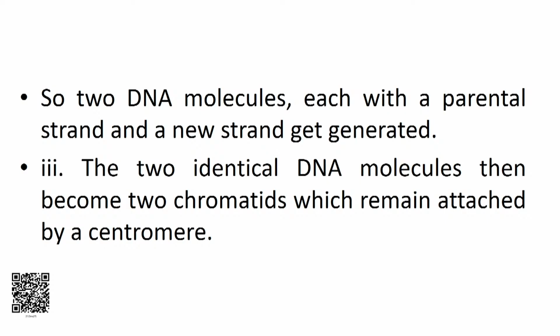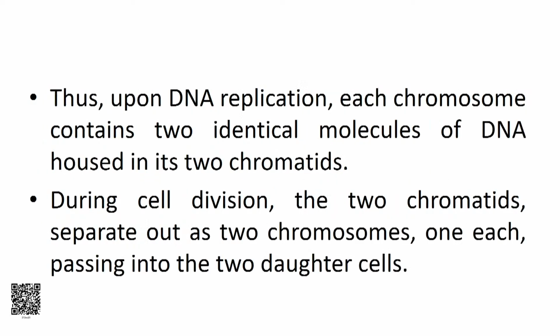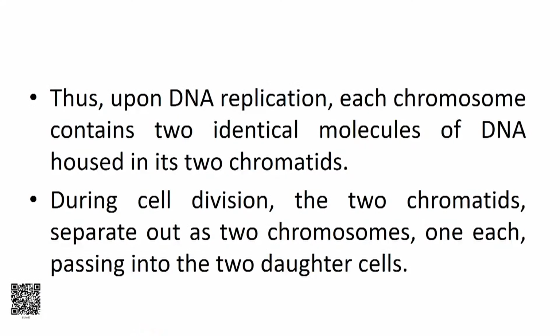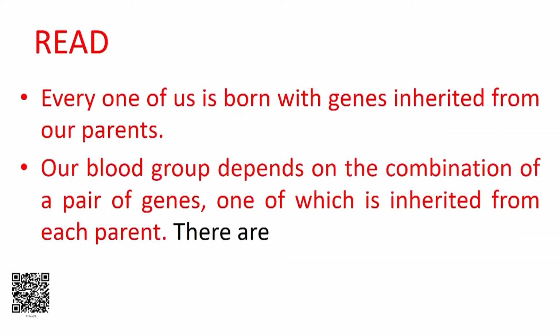These 2 identical DNA molecules then become 2 chromatids, which remain attached by a centromere. Thus, upon DNA replication, each chromosome contains 2 identical molecules of DNA housed in its 2 chromatids, and during cell division, these 2 chromatids separate into 2 chromosomes, one each passing into the 2 daughter cells.